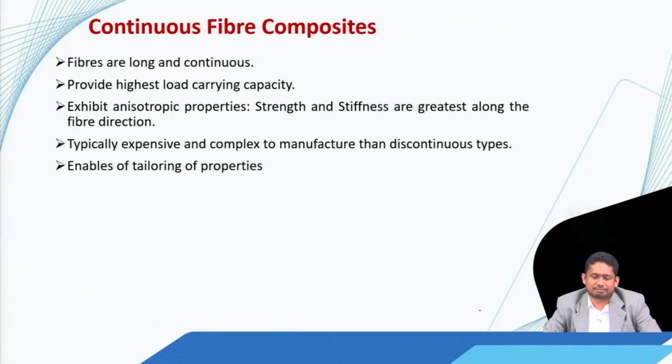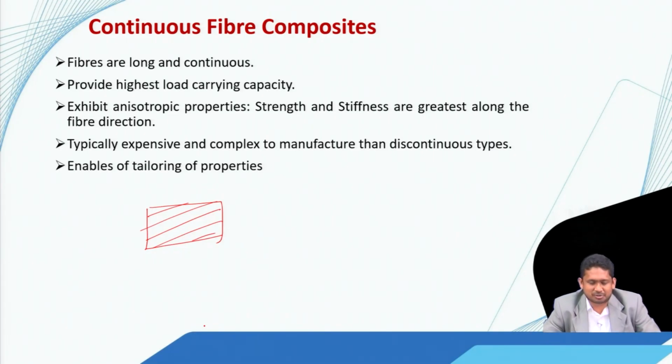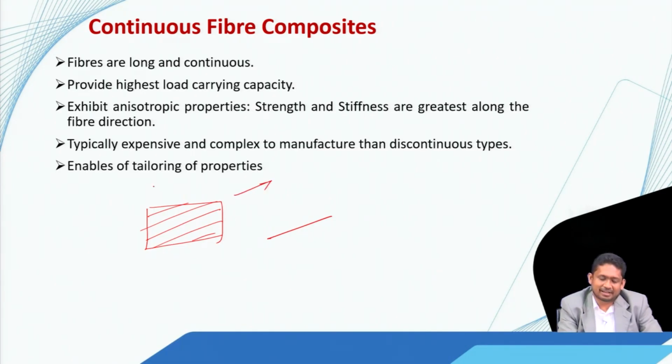Now, depending on the fiber arrangement, there can be different types of composites. There can be continuous fiber composites where the fibers are continuously arranged. This kind of fiber arrangement gives better mechanical properties, and also it exhibits anisotropic properties, because if the fibers are oriented in this direction, we will get some property here, and in the perpendicular direction we will get different properties, and accordingly we can find out the properties in any other direction.